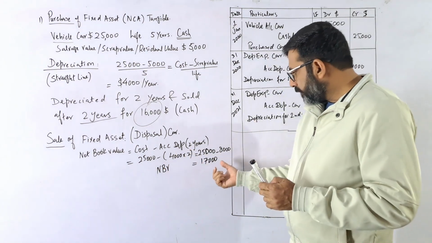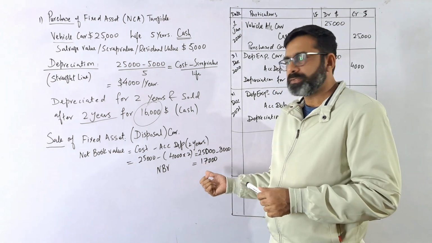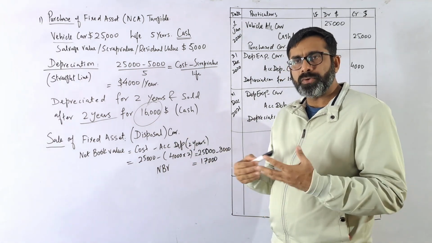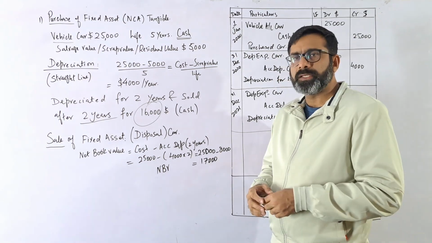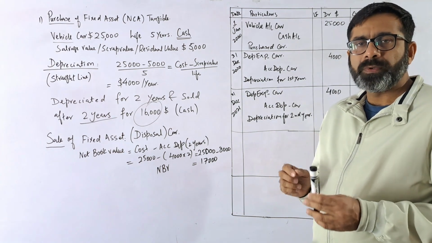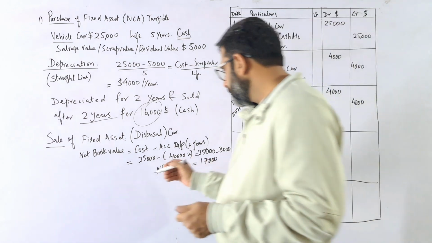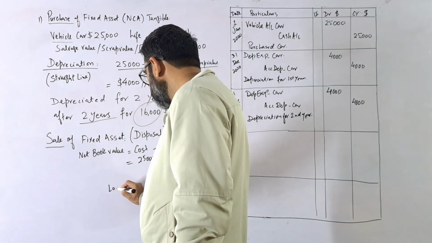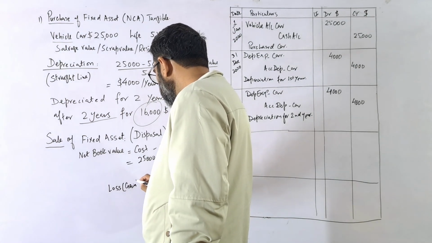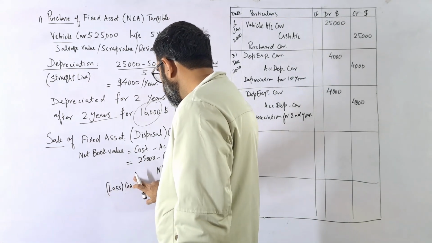According to the business books of account, the value of the asset is 17,000, but it is sold for 16,000. So there is a loss. How much loss? Almost 1,000. So to calculate the loss or the gain, a loss will obviously be in brackets.